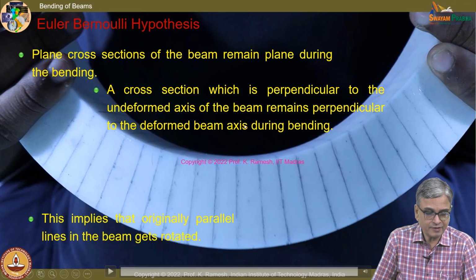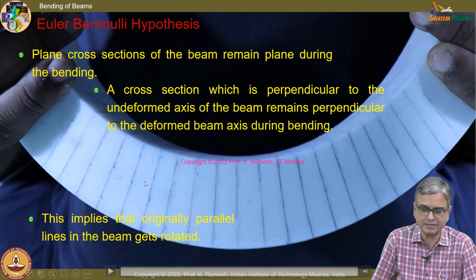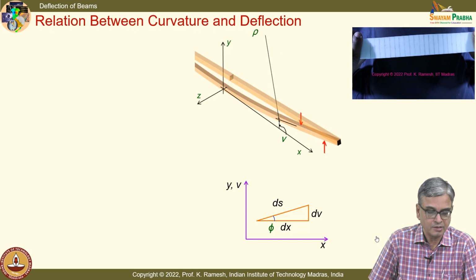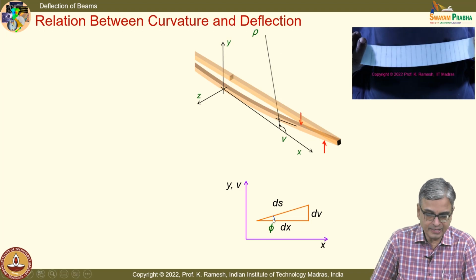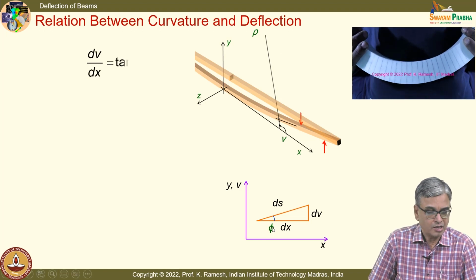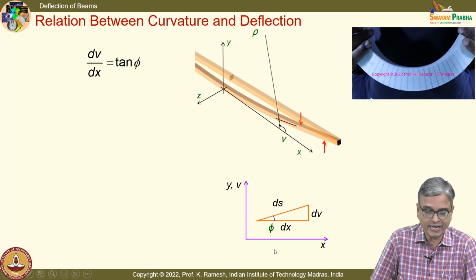Whatever we have stated here implies that originally parallel lines in the beam get rotated, which is very visible. We have drawn the line, and we have the advantage of a soft material, so we could bend and see for ourselves that these lines get rotated. And we have already seen dV by dx equal to tan phi that you get from this diagram.